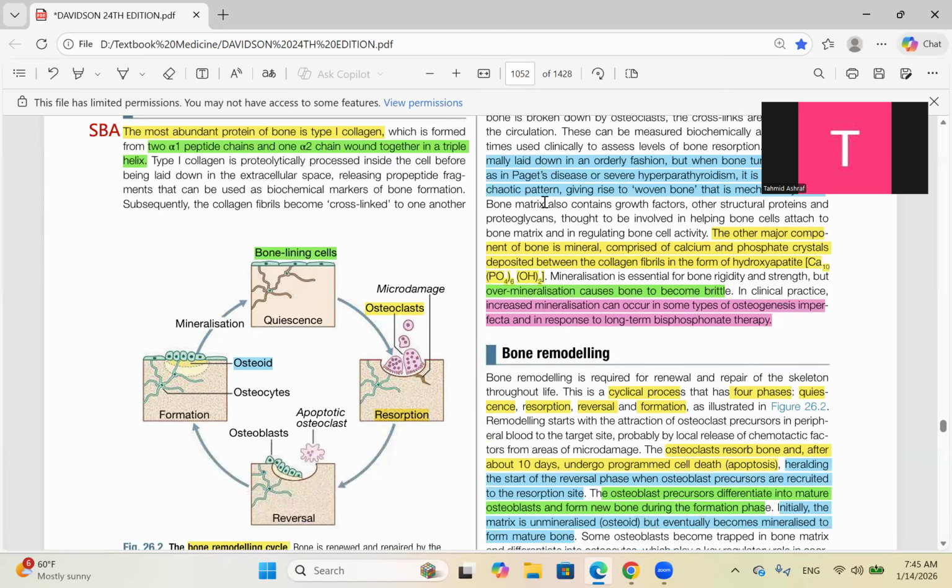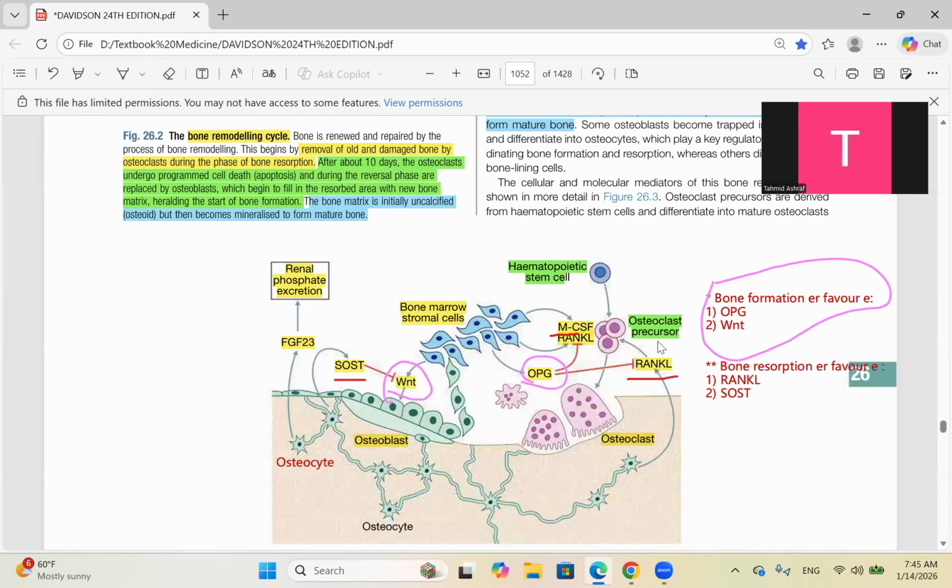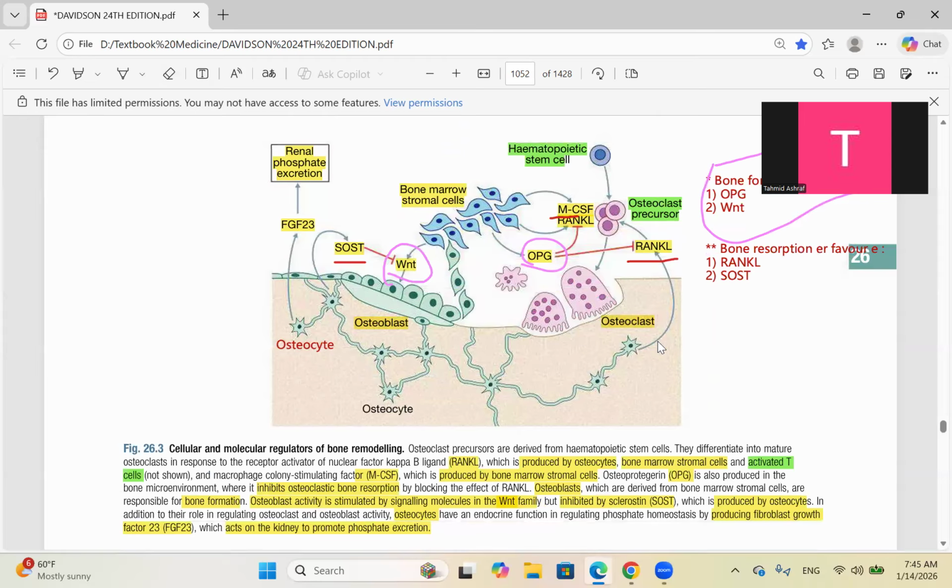We have learned about the mineralization of bone. The mineral is composed mainly of calcium phosphate, and there is a crystal-like structure called hydroxyapatite. Its formula: calcium 10, phosphate 6, and hydroxyl 2. Then the bone remodeling process, factors causing bone formation and factors causing bone resorption. Very, very important for MCQ and also for single best answer, SBA.